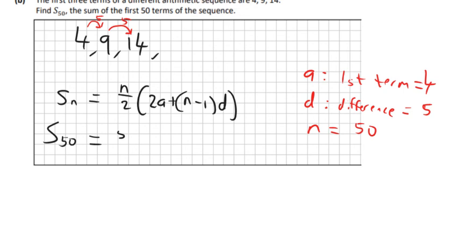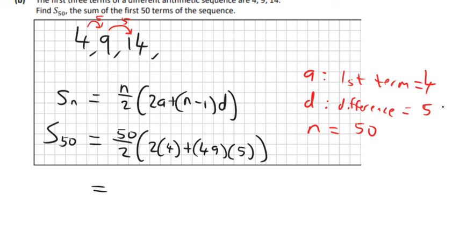So it's 50 over 2, and then 2 times 4, plus n minus 1, so that would be 50 minus 1, which is 49. And we must multiply that by d, the difference, which is 5 here. Then you can go straight to the calculator if you want.